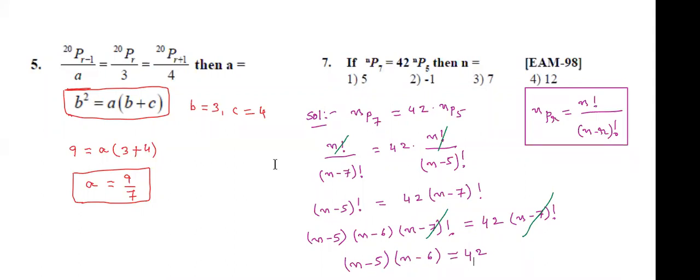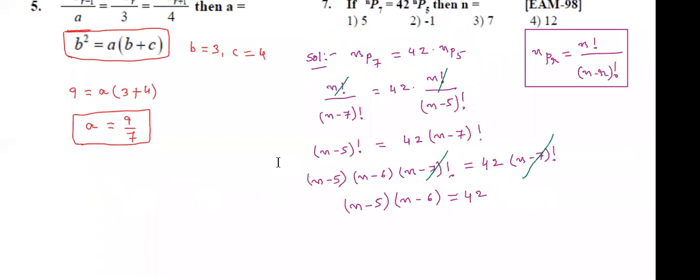Or, go to the verification method. Verification method means the options are already given: 5, 7, 12, minus 1. Minus 1 is a wrong answer because n should be a positive integer; either 5, 7, 12 is possible. But suppose I take n is equal to 12.